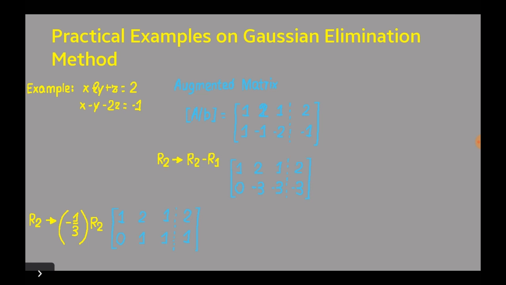Then row 2 must be multiplied by minus 1 over 3. So 0 times minus 1 over 3 becomes 0, and minus 3 times minus 1 over 3 becomes 1, minus 3 times minus 1 over 3 becomes 1, and minus 3 times minus 1 over 3 becomes 1. So x plus 2y plus z equals 2, and y plus z equals 1.